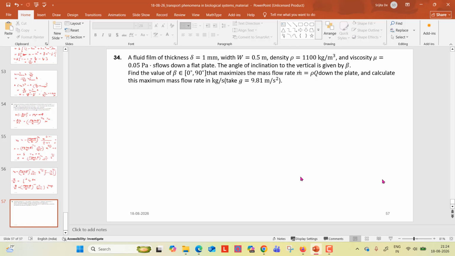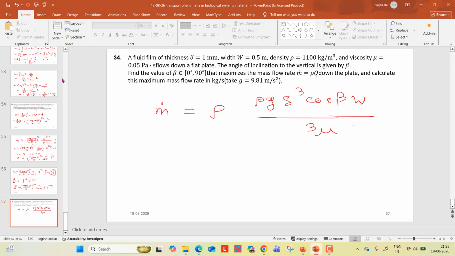So for the mass flow rate m dot equals rho into q, we know q is rho g delta cube cos beta W by 3 mu, right? So to maximize the mass flow rate, beta has to be 0.